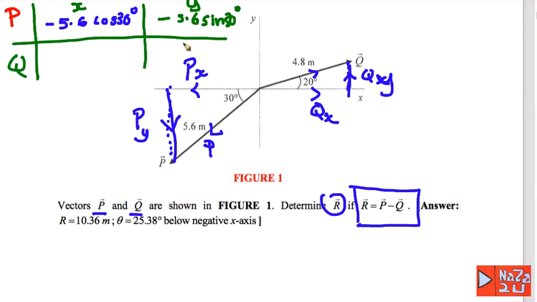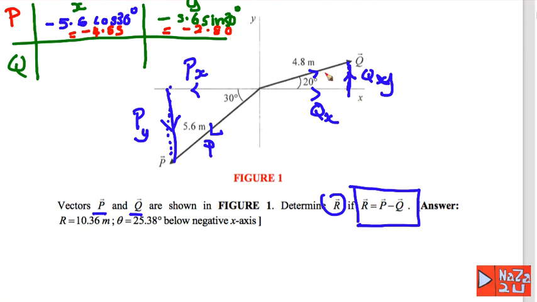This is for P. Using the calculator, minus 5.6 cos 30 is equal to minus 4.85, and minus 5.6 sine 30 is equal to minus 2.80. This is for P.